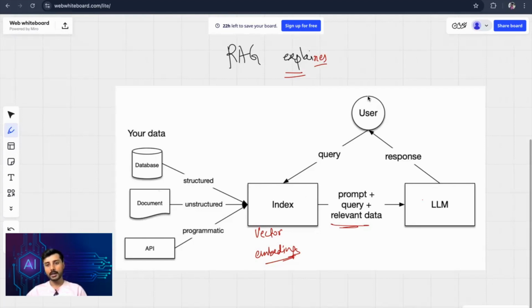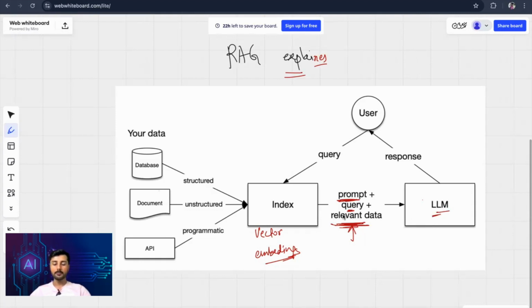And then we saw that when the user gives a query, we take the user prompt, we fetch the relevant data, and we pass the user's query and the relevant data to the LLM.